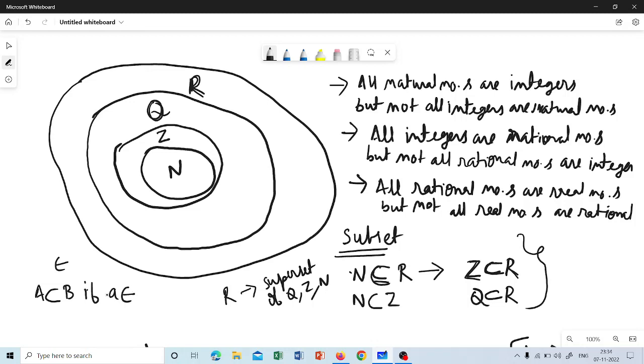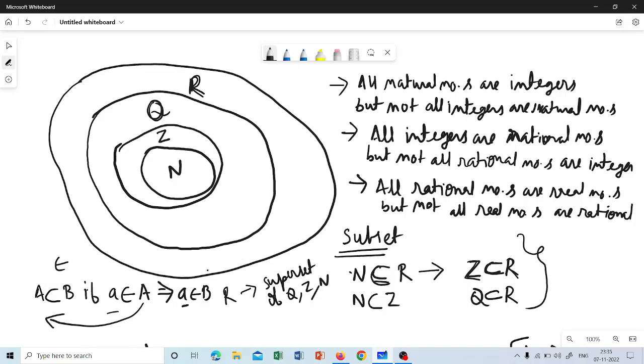This epsilon symbol means belongs. Small a belongs to set A implies that a also belongs to set B. So in other words, whenever a belongs to A, then a should also belong to B. If a particular element is present in set A, it should always be present in B. Then I can call A a subset of B, right?